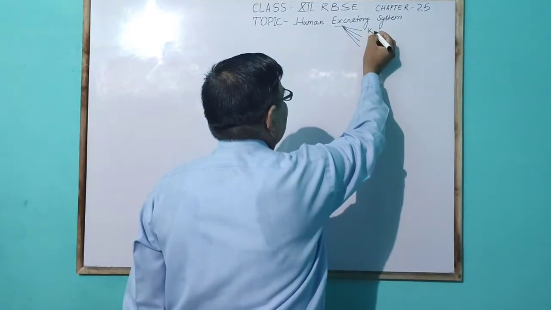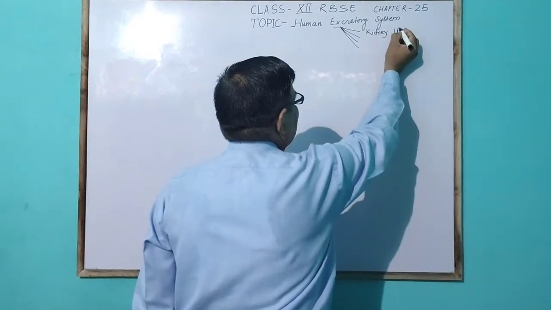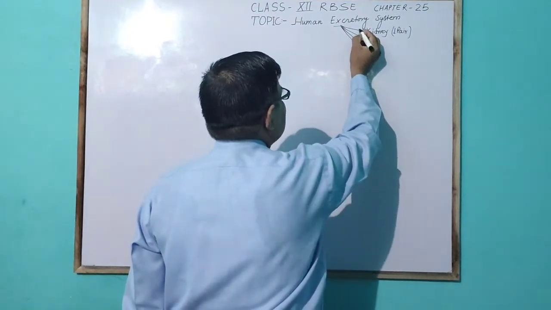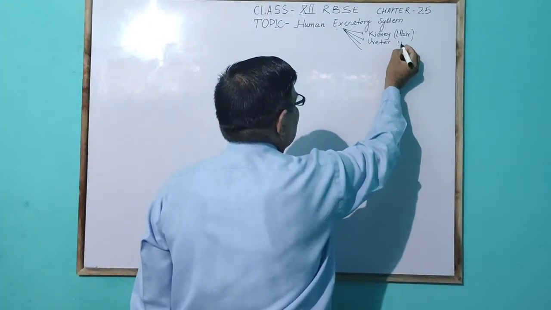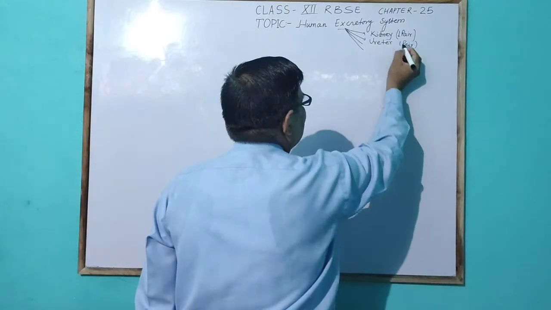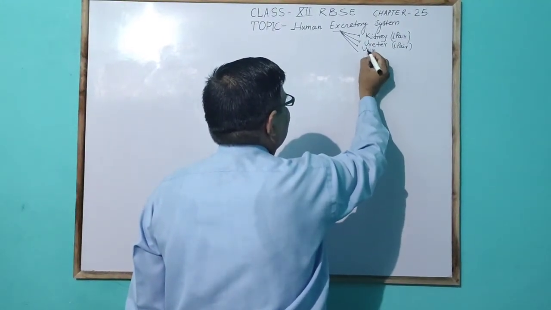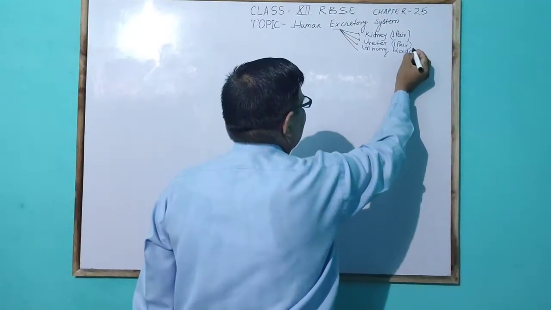A pair of kidneys, which is one pair, a ureter, which is also one pair, the urinary bladder, and the urethra.